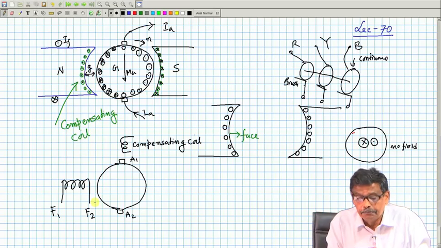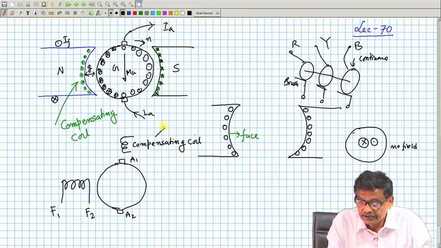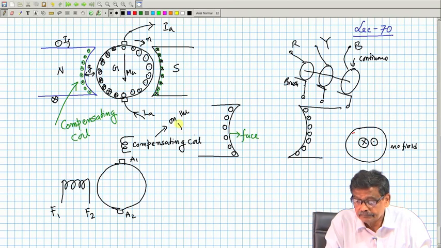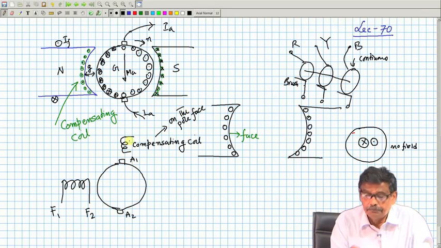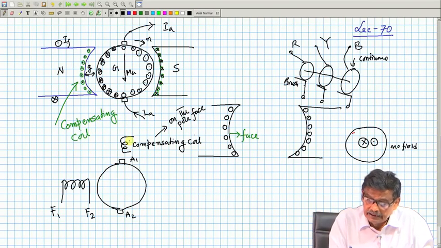Where is it physically present? On the pole face. It is present here, and say C1, C2 like that.